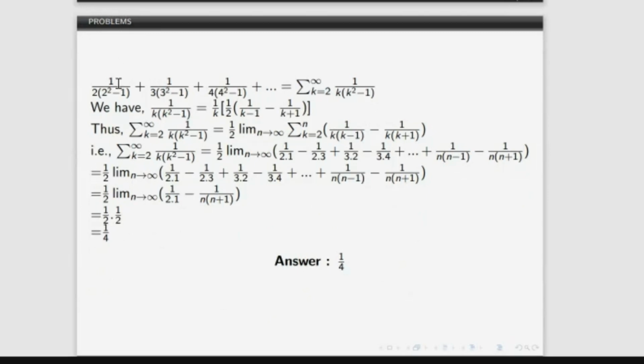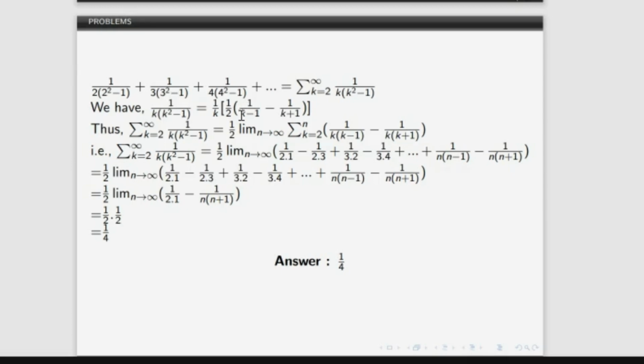So the series is given as 1 by 2 into 2 square minus 1 plus 1 by 3 into 3 square minus 1 plus etc. I am writing it in series form, that is sum k equal to 2 to infinity 1 by k into k square minus 1. I am keeping the 1 by k aside and computing only for 1 by k square minus 1.